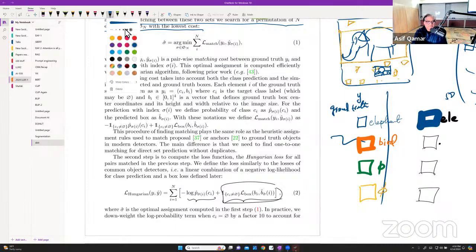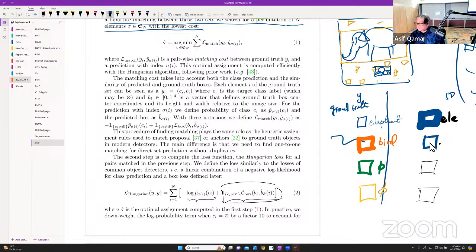But suppose the machine makes the mistake of making yet another bounding box at exactly the same location, and says elephant. It keeps on saying elephant, elephant, elephant, like kids do sometimes when they find something very interesting. They say, look.